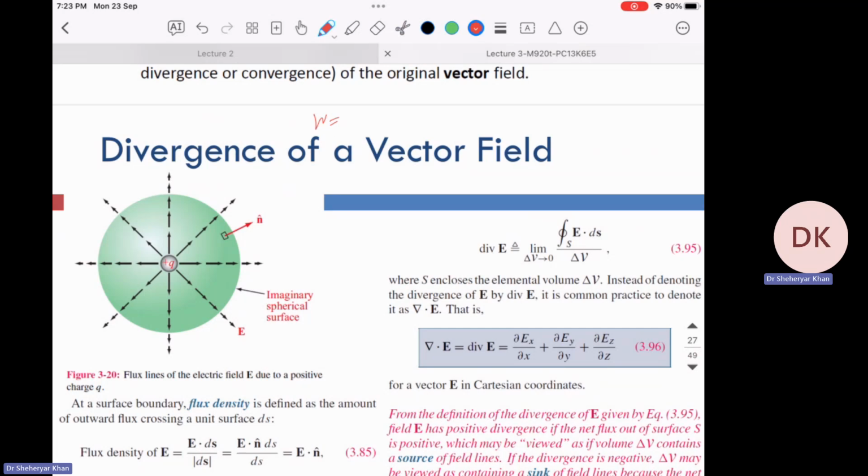So remember, work done is equal to force times distance, right? So force times L, or force times S, whatever you like, but we know that L is for the length and S is for the area. So we just represent L. In physics, we use this term, right? So this is length and this is our force, right? So work done is equal to force multiplied by length, or dot product.